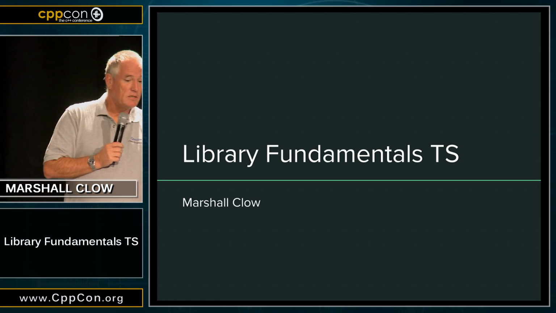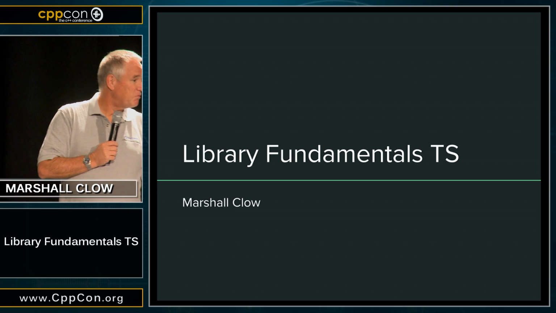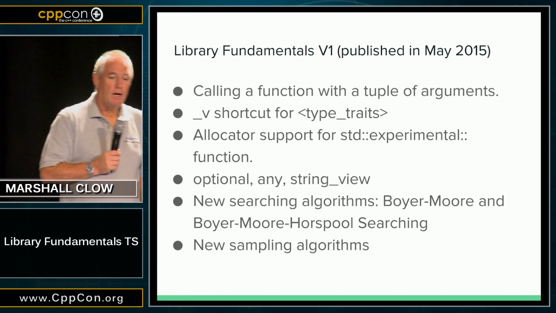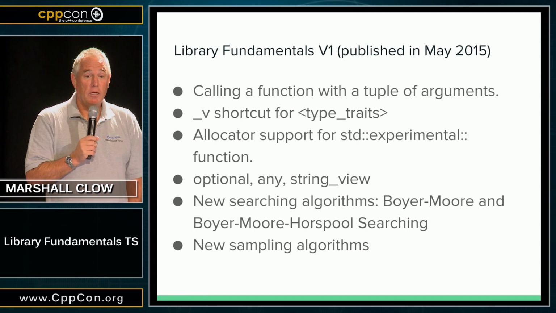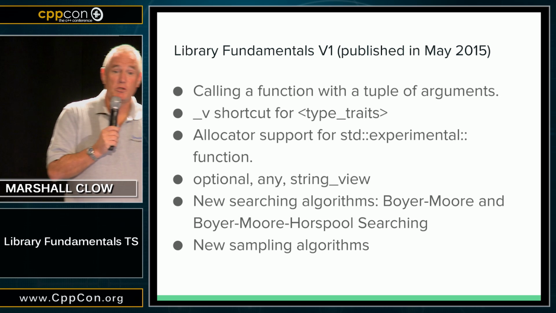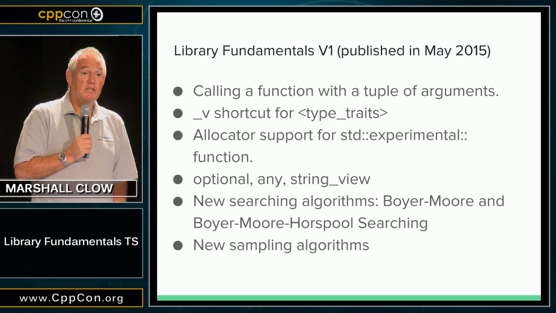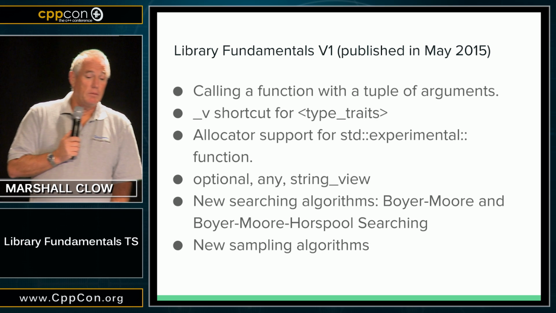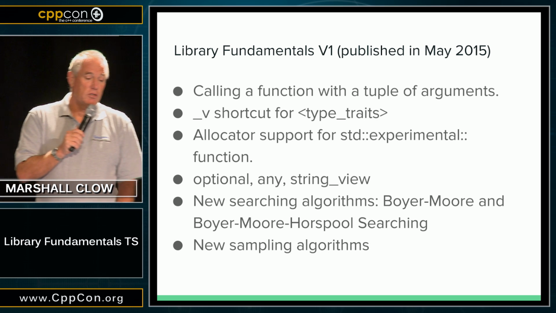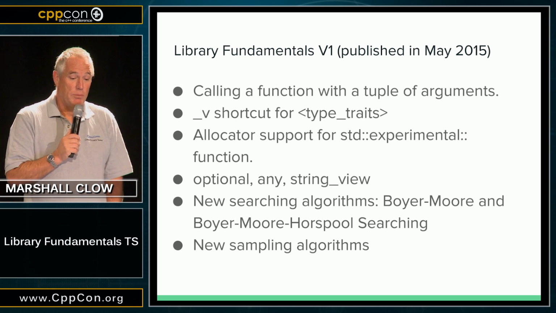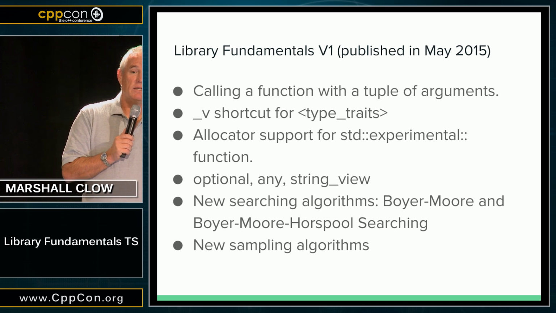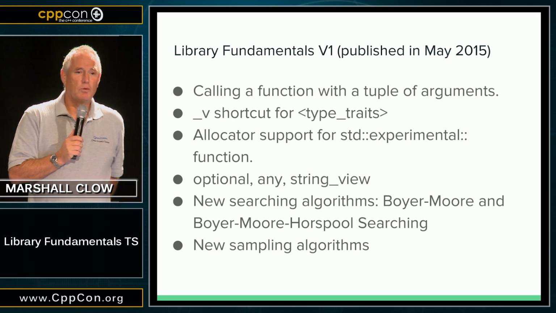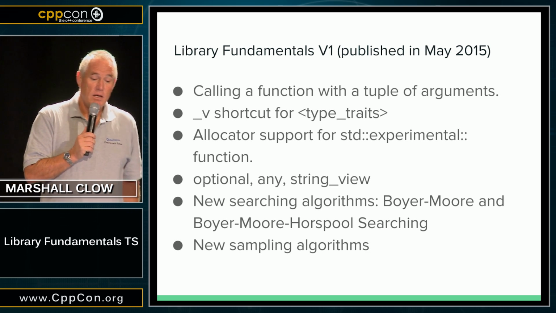And they include things like a function template called apply, which takes a tuple of arguments and calls a function with it. Allocator support for std::function, a couple of things from Boost, optional and any, that people have been using successfully in Boost for more than a decade.